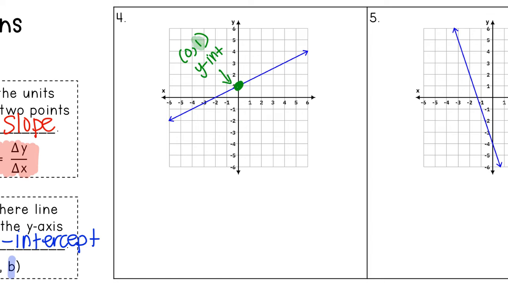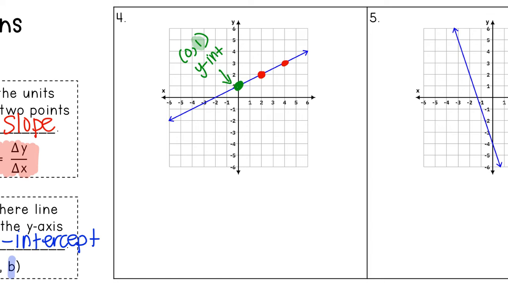Okay, now to calculate slope, I need one more point to look at. So it has to be going exactly through the corner. It looks like right here would be a good point, and also right here would be another good point.